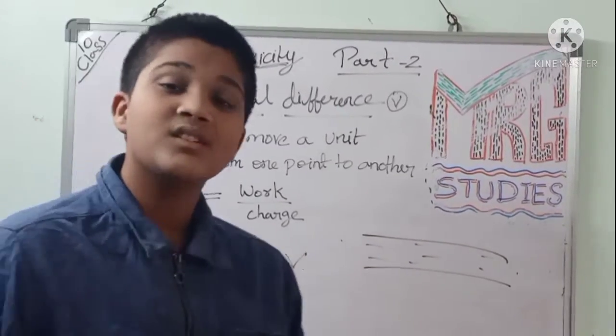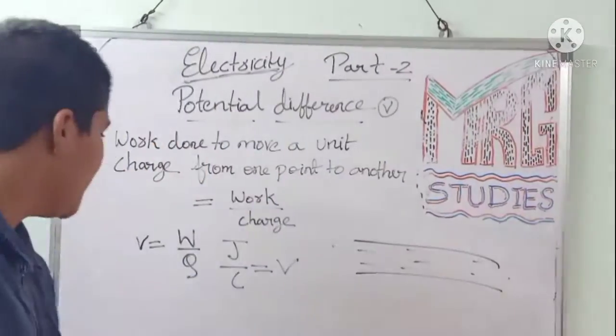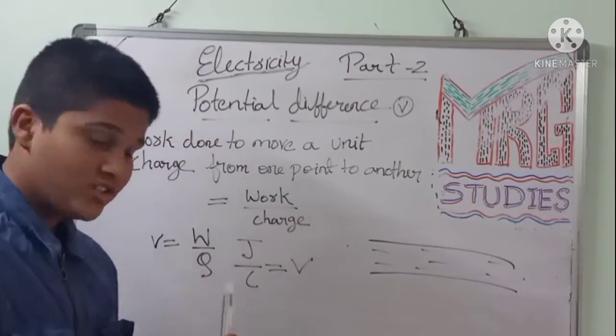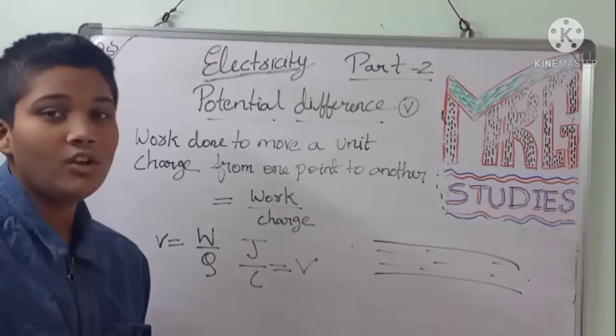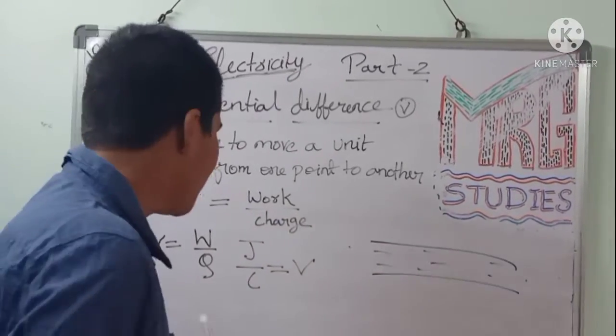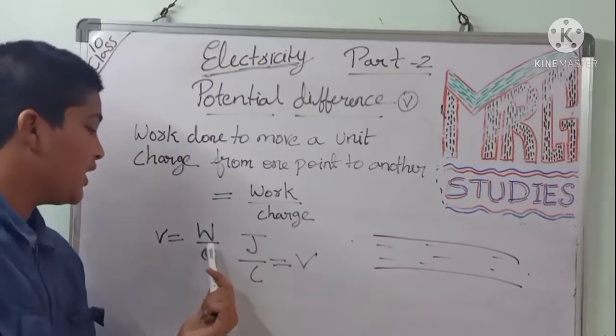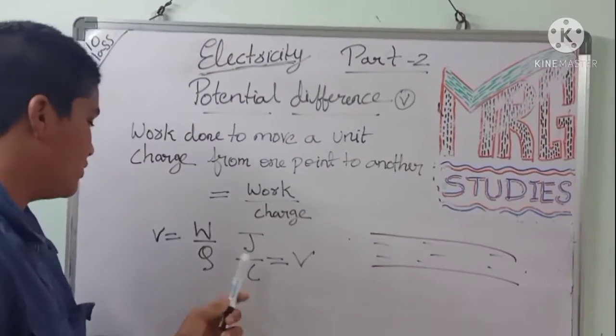We can write this in symbols also. V is potential difference, W means work, and Q means charge. Let's see the SI units of these symbols. For work, the SI unit is joule.